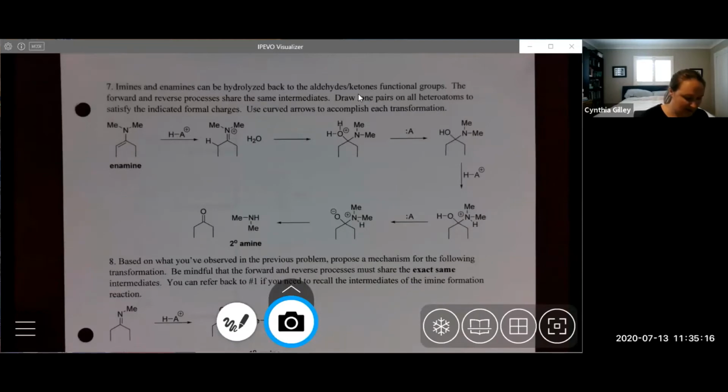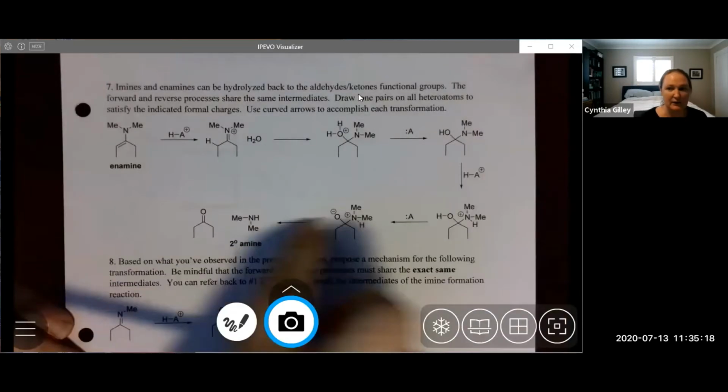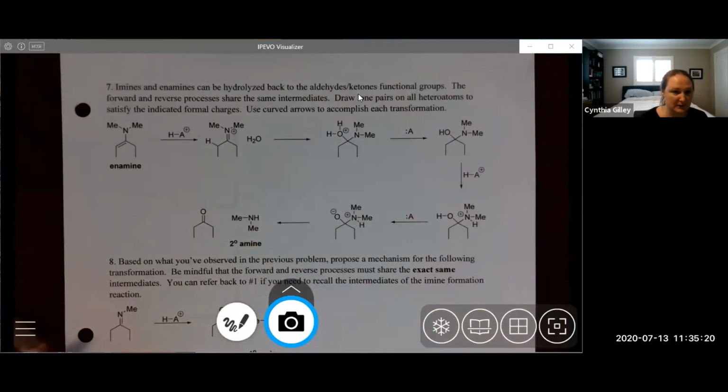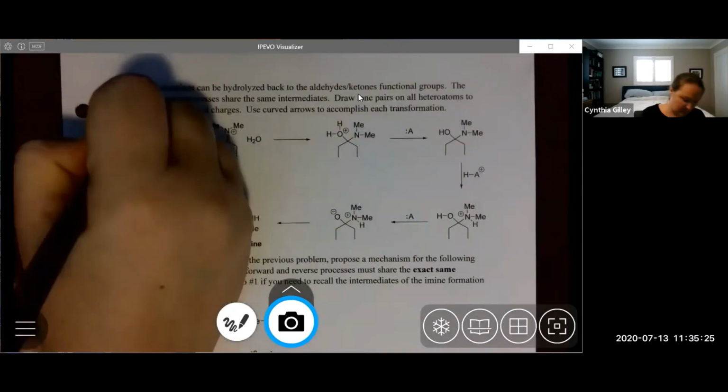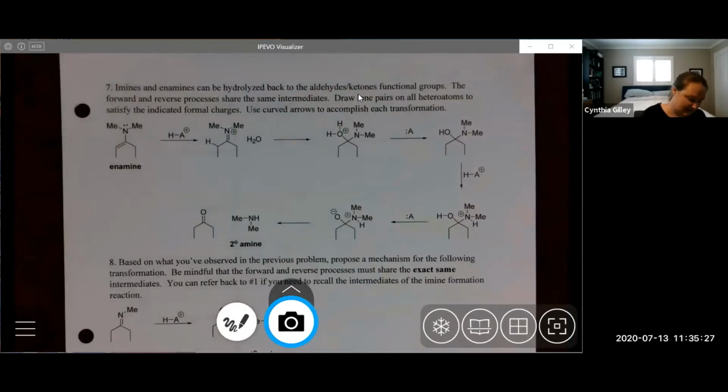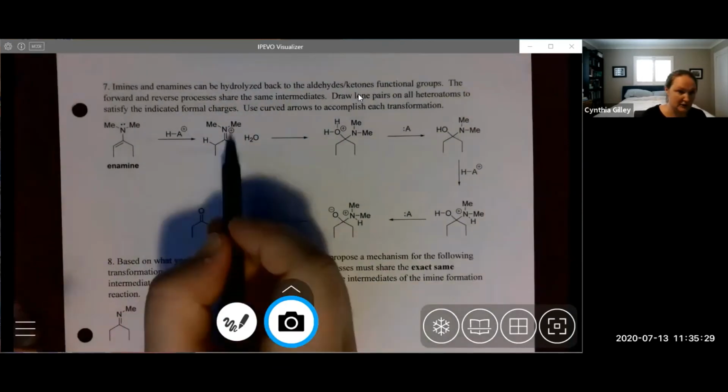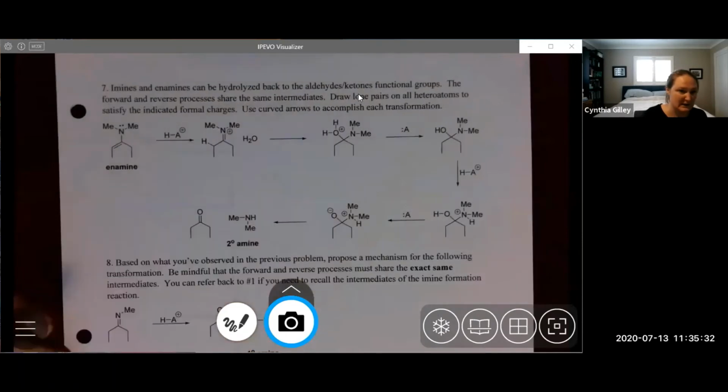We're going to generate all of the same intermediates that we did in the forward direction, just in reverse. In order to get this double bond between the carbon and nitrogen, we need to protonate the enamine.